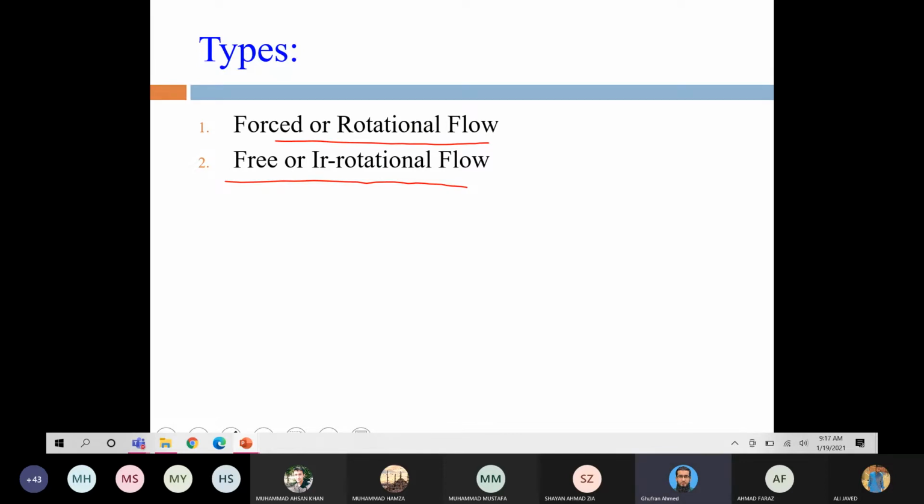Free vortices means just like the flow in a basin. If you block the flow in a wash basin, there would be an artificial pondage created.